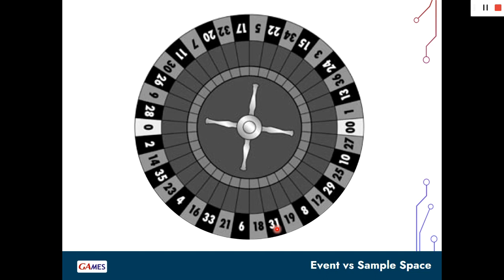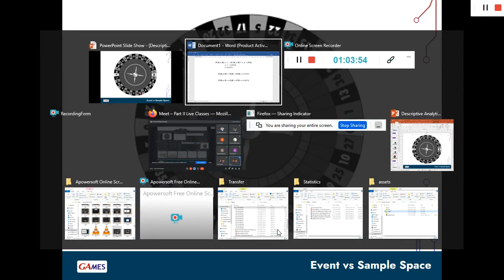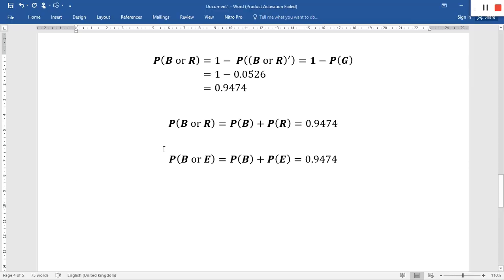Anything that is black is not red. Anything that is red is not black. But now we have cases where we have some blacks that are evens, we have some evens that are not blacks. So we want to count all the holes that are either black or even in order to find the probability of getting a black or even, for you to know that the probability is not what we've computed here.